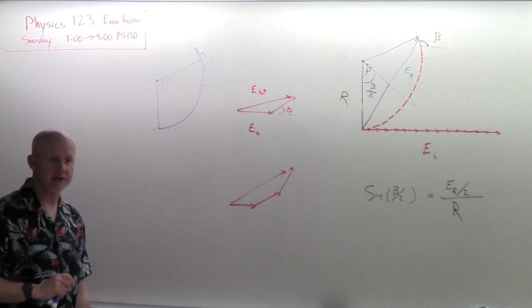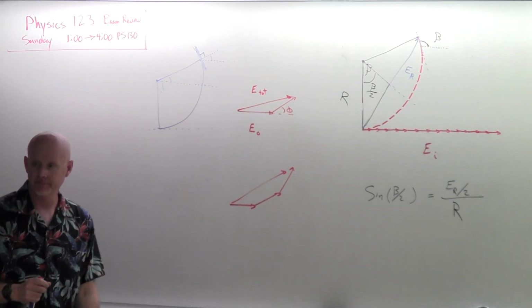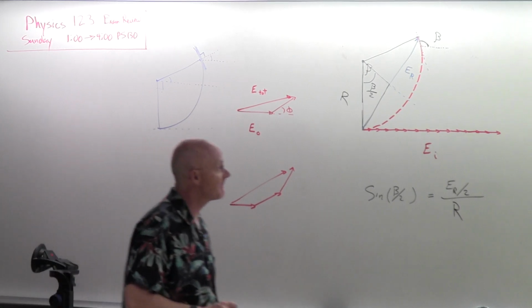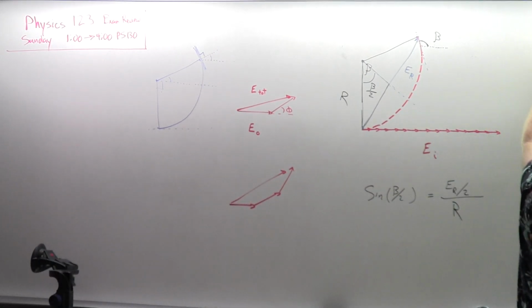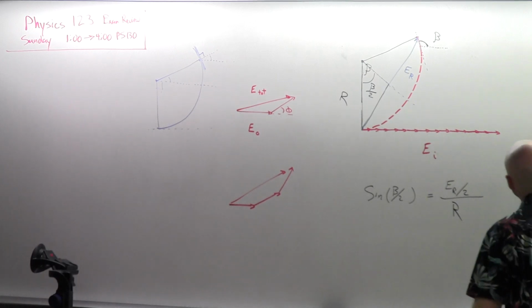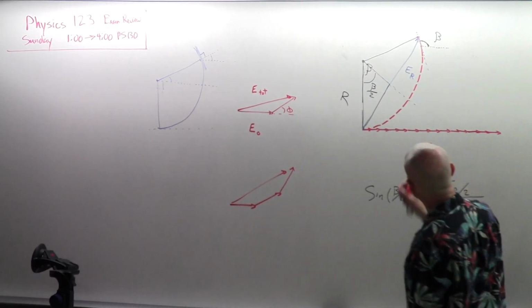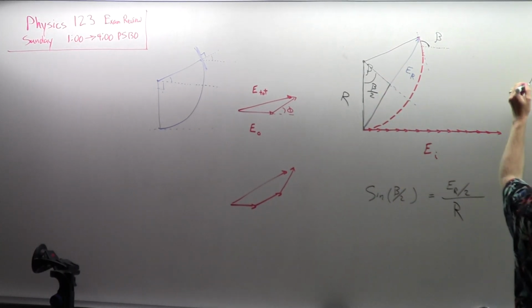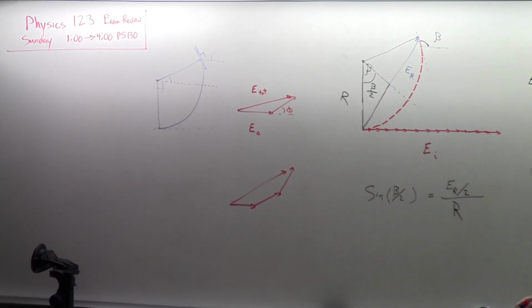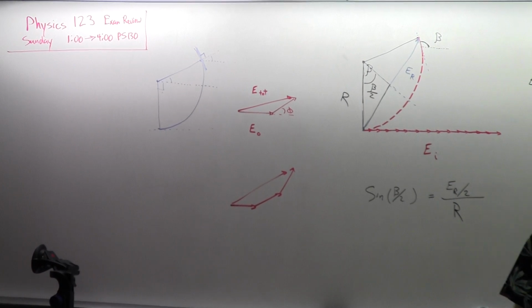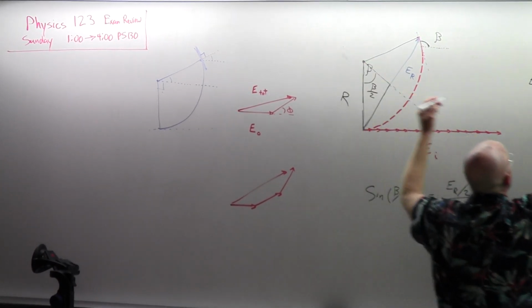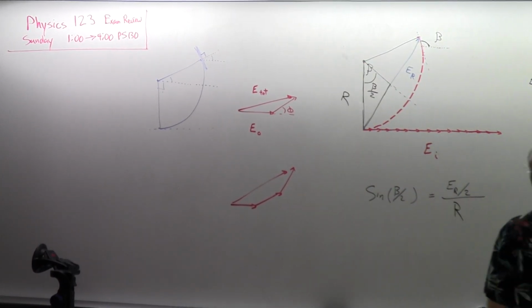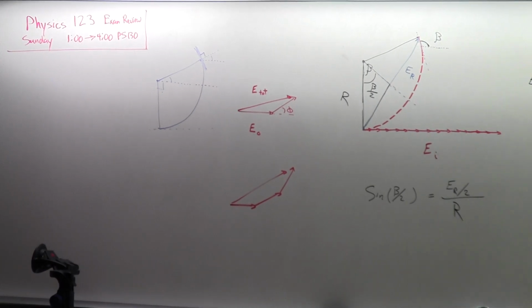But let me also say this. How do you get an arc length? Yeah, s equals theta R. So using that here, let's see what I would have. The arc length would be this E_0 that we talked about. It would be the length of all of them added together when they were in a straight line down the center. And the arc of this whole thing is beta, and then the radius.